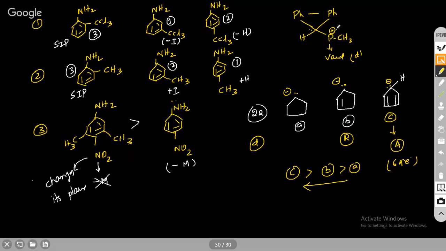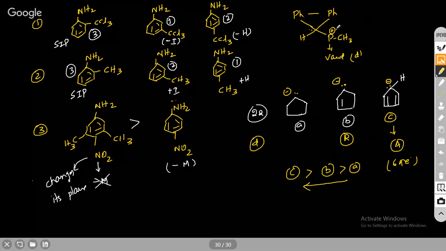Ritvik, have you finished your assignment? If compound A is more stable than B, can we say that A is more basic than B? No, we cannot say that. Stability has nothing to do with the basicity or acidity order. Basicity means, when it loses a lone pair of electrons, you get the conjugate acid.